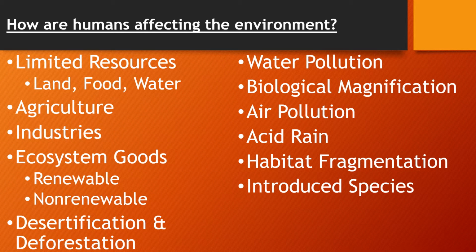Agriculture practices, over farming lands, cattle and things like that that are unsustainable. So unsustainable agriculture practices, industries that actually are affecting the environment through water pollution, taking of minerals and resources out of the earth, utilizing land, food, water.